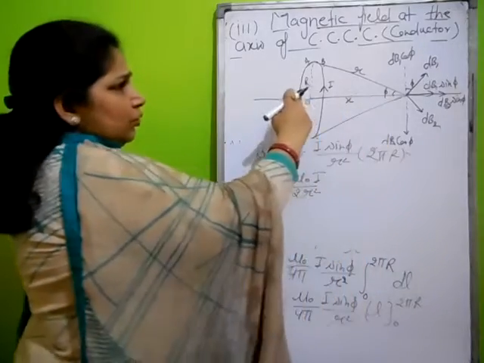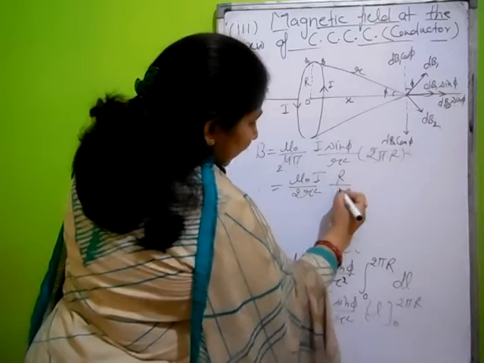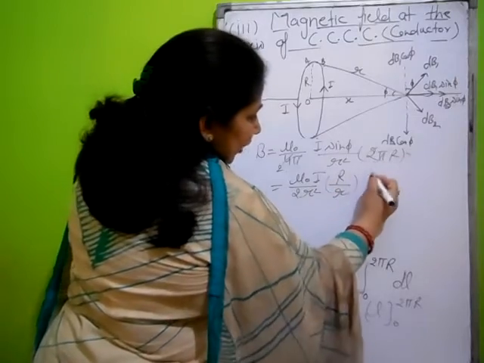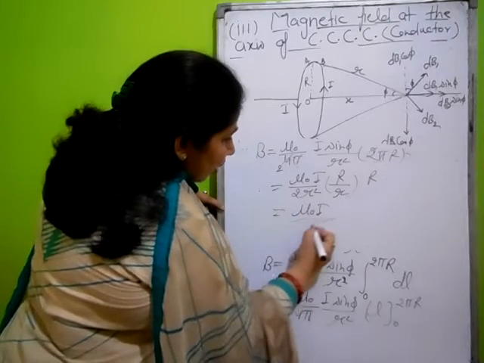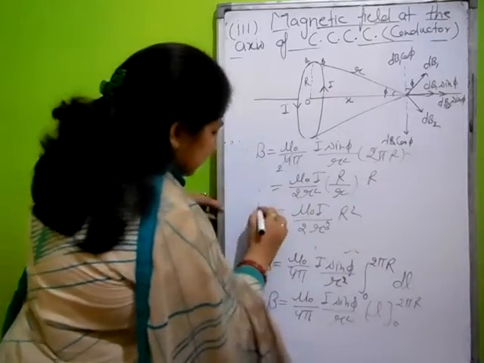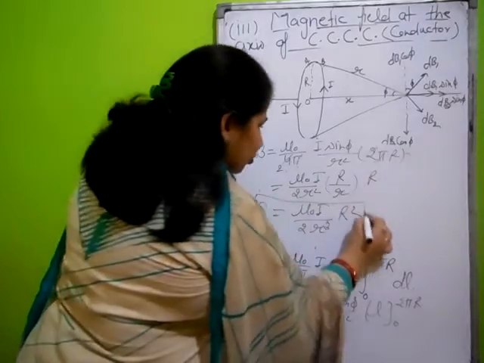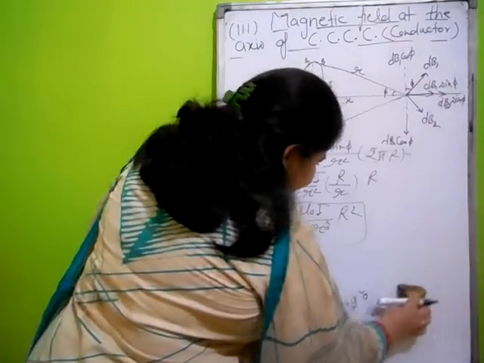Sin phi is equal to capital R upon small r. Capital R upon small r, and here we have already capital R. Then mu naught I R square upon 2 r cube. This is the magnetic field due to a current carrying coil on the axis at distance x.